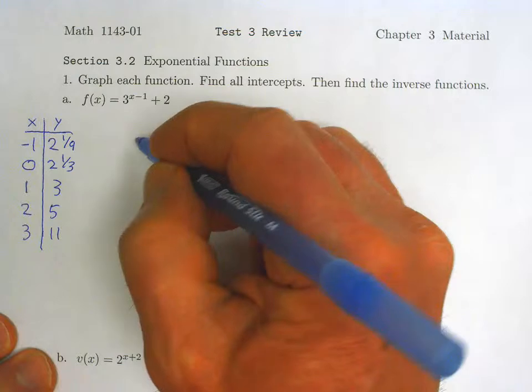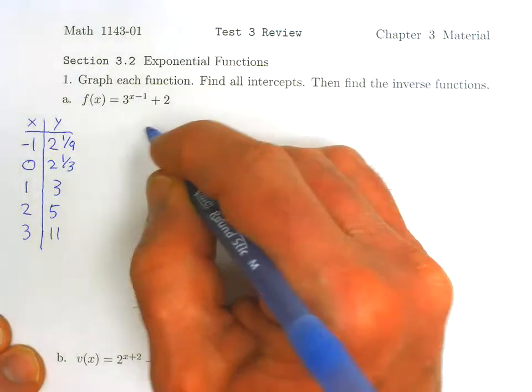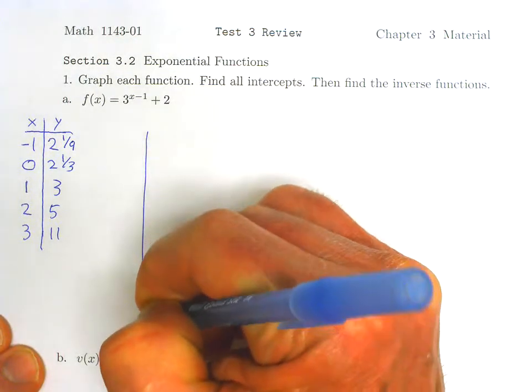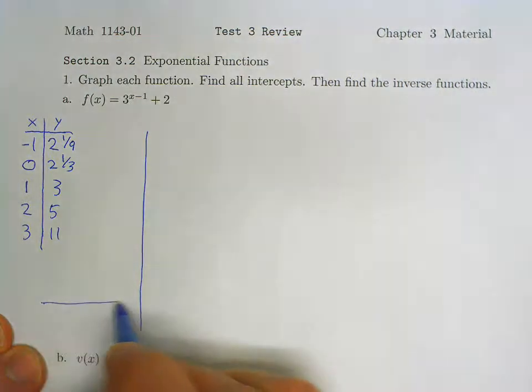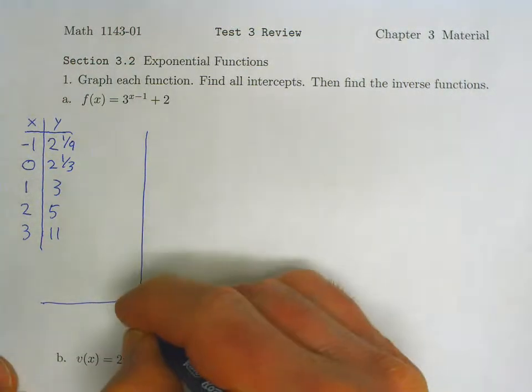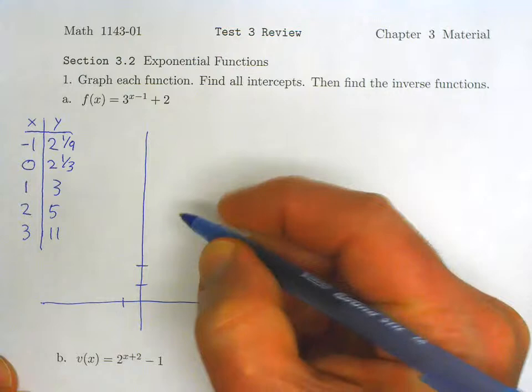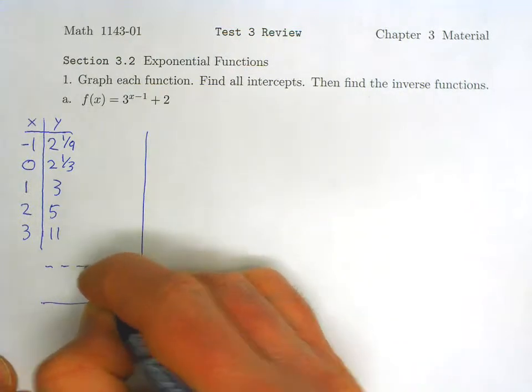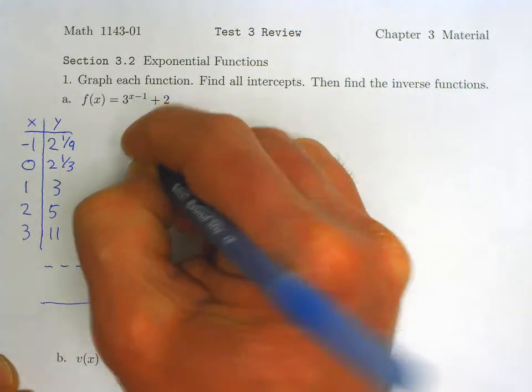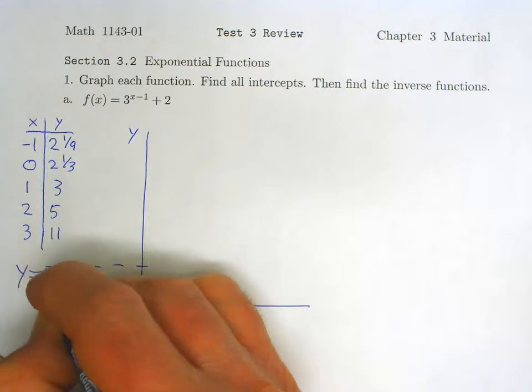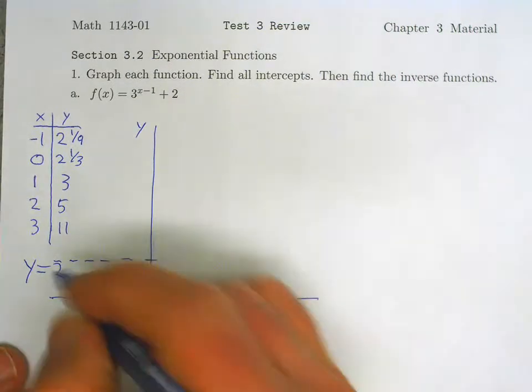Okay, so we can plot those points. And then keep in mind that to the left of the y-axis, y equals 2 is a horizontal asymptote.